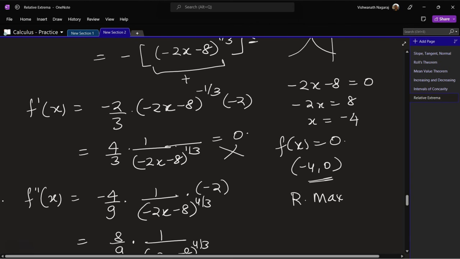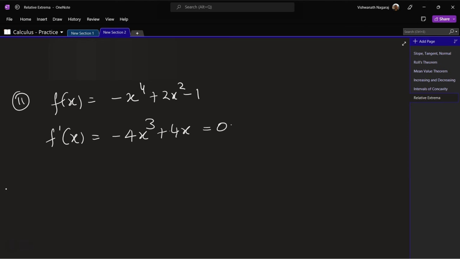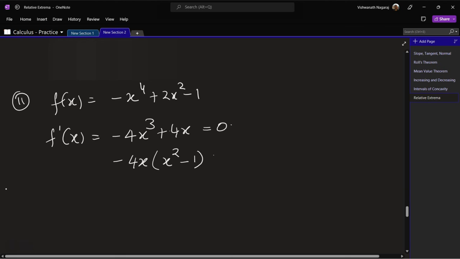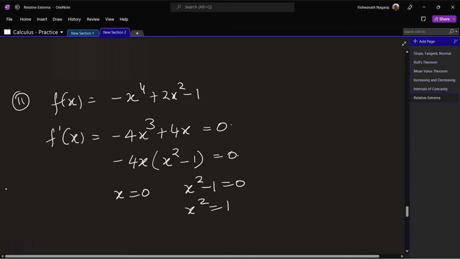So that means our point of interest is minus 4 comma 0, which will be your relative maxima. Now 11th one, f of x is equal to minus x to the power of 4 plus 2x square minus 1. f prime of x is going to be minus 4x cube plus 4x. Equating it to 0, let's take out minus 4x. So we end up with x square minus 1 equal to 0, which means x equal to 0 and x square minus 1 equal to 0, which means x square equal to 1, which means x equal to plus or minus 1.